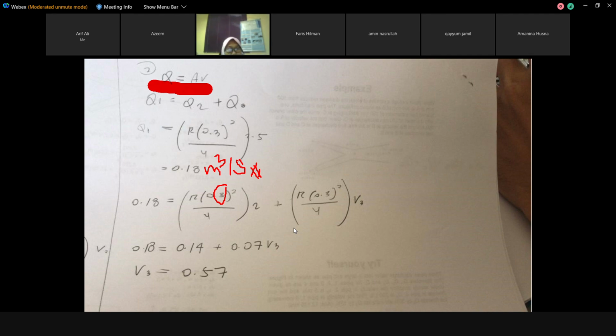Ni 0.3 dapat kat mana ni? Ni 0.15. Betul tak ke saya salah? Anyway, Irfan dia tersalah tulis. Oh, dia salah tulis. Okay, tapi dia kira betul ya dapat jawapan?